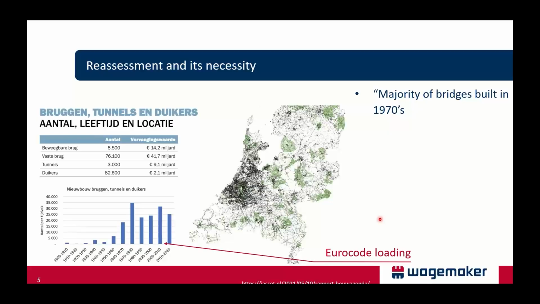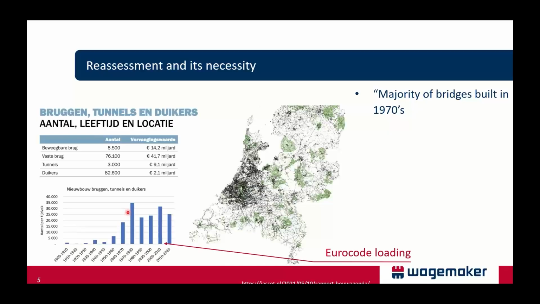On this slide, we see in the bottom a graph where it is shown when the Dutch infrastructure was built. And we can see there that the majority of infrastructure has been built between, let's say, 1960 and 1980, up till now.